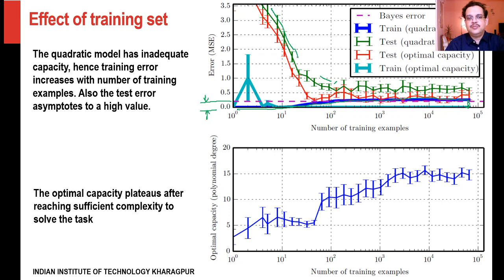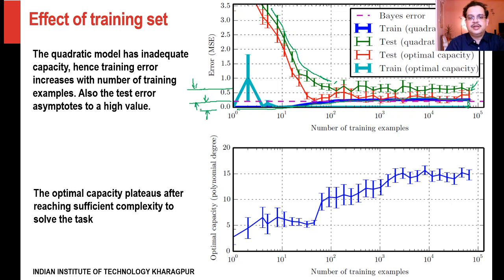As you train it with more and more samples, it comes down, and then it settles somewhere around this level. So if you look at that level here, this is where the green curve settles.